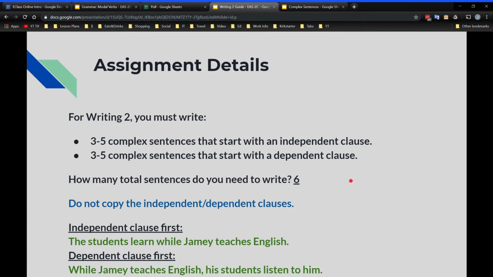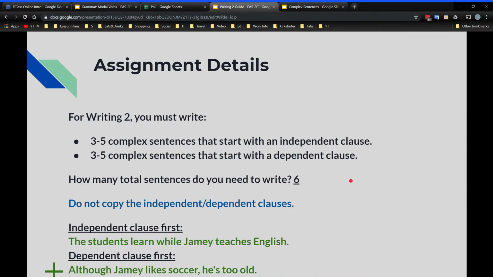You could not make another sentence, make a dependent clause that starts with while Jamie teaches English, even though the independent clause, his students listen to him, is unique. That would just be kind of like copying, and that would be lazy. So I want you to try and make all new sentences.